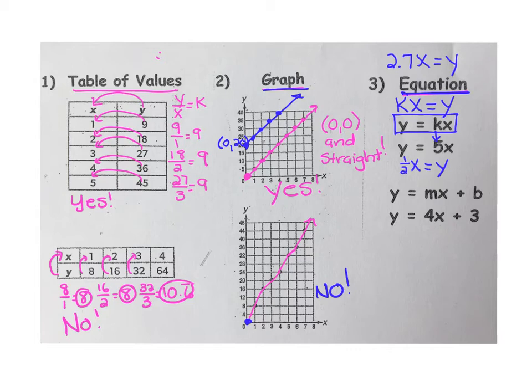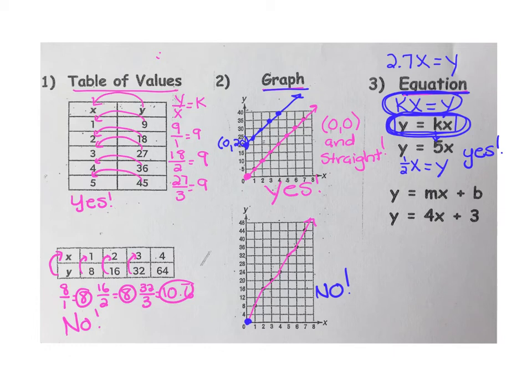But basically, when you see a proportional equation, it looks very much like that or like that. The K rate can vary. So all of these equations are proportional. Yes. But let's take a look at the equations given below.